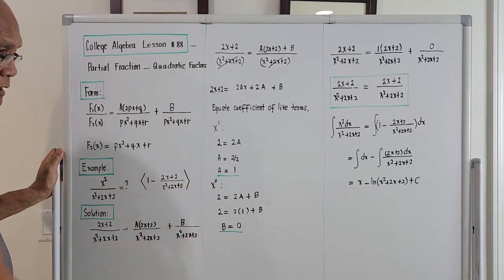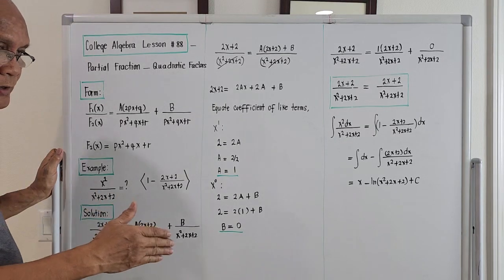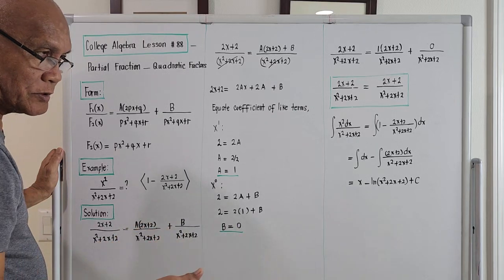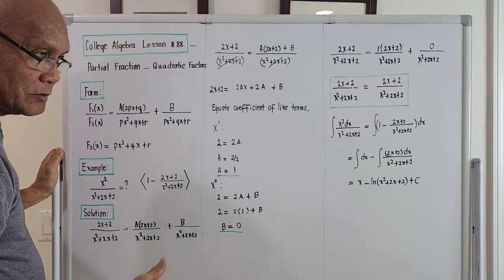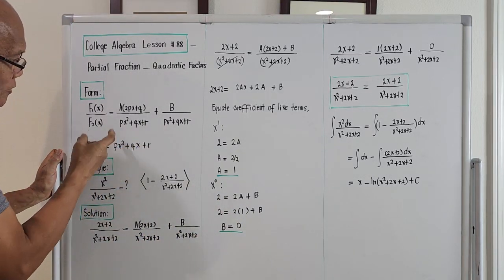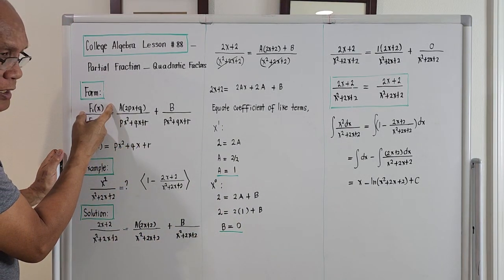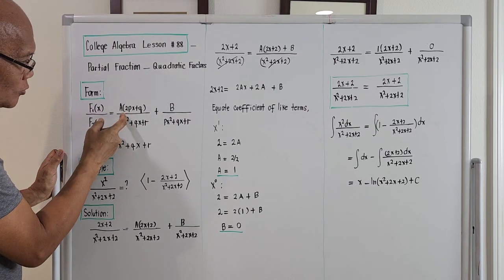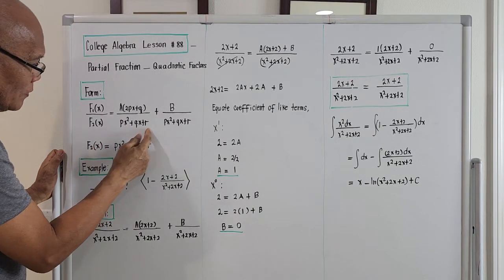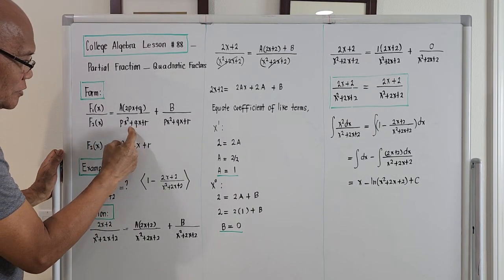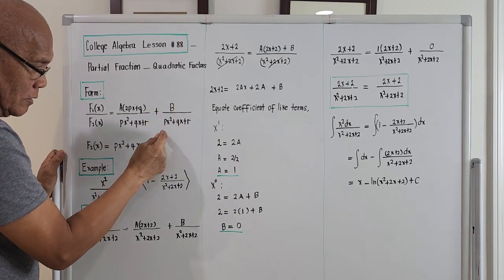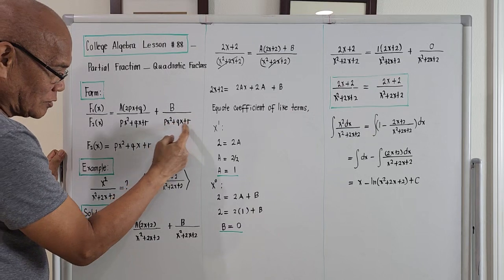The right-hand side is a little bit complicated compared to the linear factors or repeated linear factors because the equation now involves a quadratic equation. The right-hand side will be an unknown constant A multiplied by the quantity 2px plus q, over the given denominator px squared plus qx plus r, plus another constant B over px squared plus qx plus r.